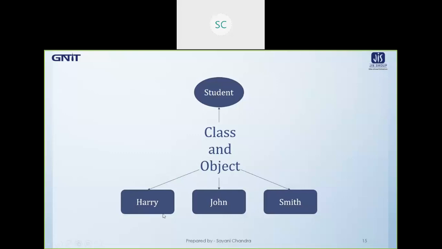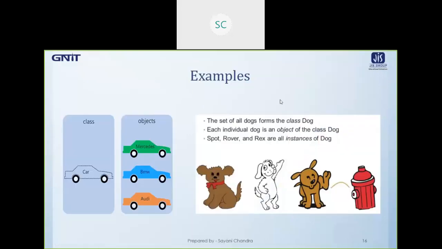We can only visualize the objects of the student class, that is Harry, John and Smith. We can only visualize these three objects. We can never visualize the students. Similarly, in the next examples, car is a class, but we cannot visualize the car class. We can only visualize the objects of the car class. Similarly, in the next example, we can only visualize the objects of the dog class. We can never visualize the dog class itself.